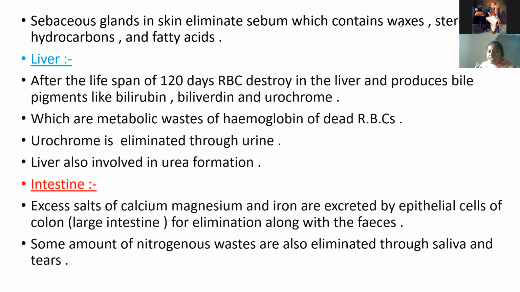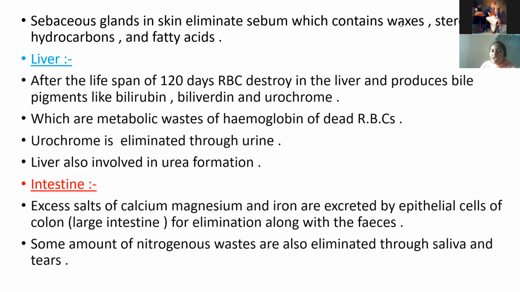When the 120 days are completed, the RBC is destroyed, and it produces bile pigments like bilirubin, biliverdin, and urochrome. The urochrome is present in urine. The urine is yellow, amber in color, due to the presence of urochrome.